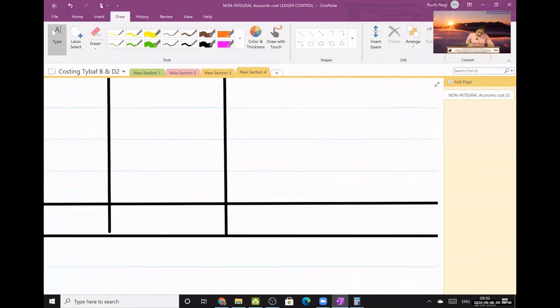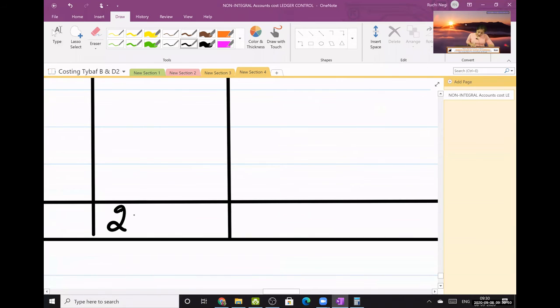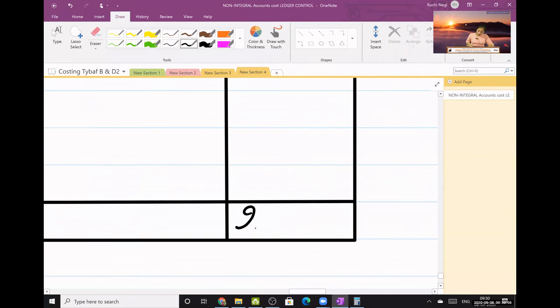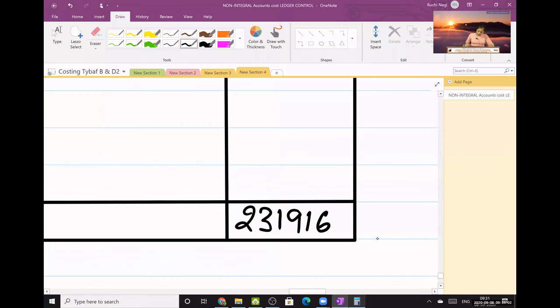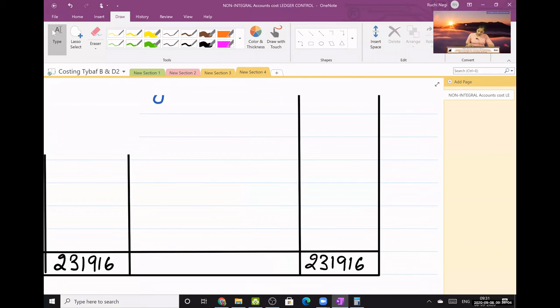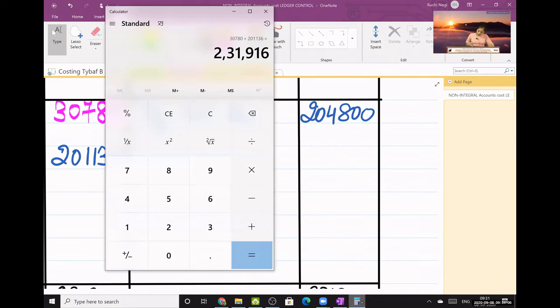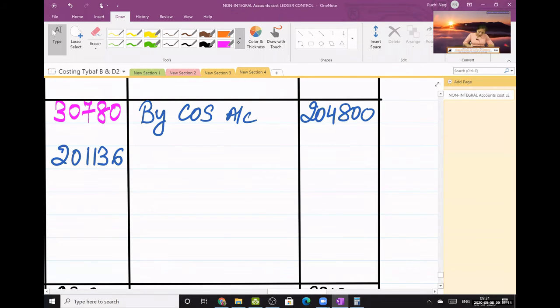So right here, 2,31,916, 2,31,916 minus 2,04,800. So 27,116 is the balancing figure.